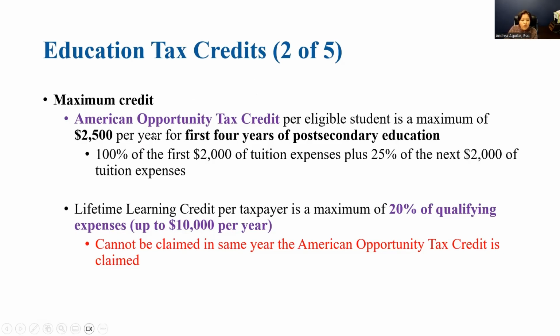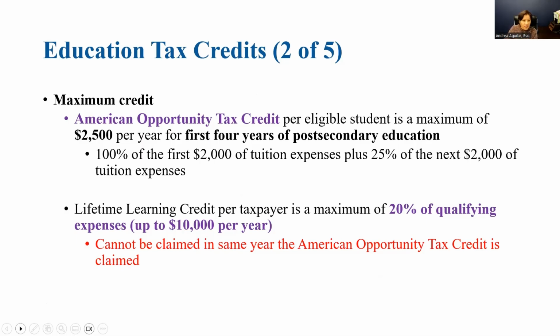That will give you $2,500. Now, if we are analyzing the Lifetime Learning Credit per taxpayer, the maximum amount will be 20% of qualifying expenses, up to $10,000 per year. It cannot be claimed the same year that you're claiming the American Opportunity Tax Credit.